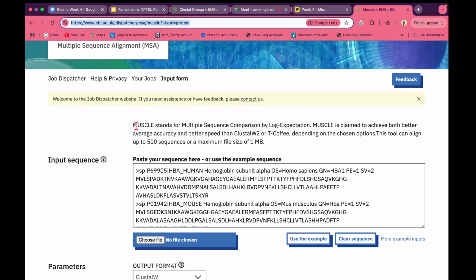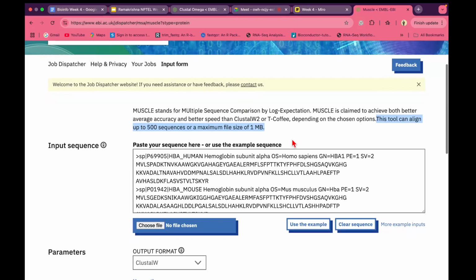The website tells us that MUSCLE stands for multiple sequence comparison by log-expectation. MUSCLE is claimed to achieve both better average accuracy and better speed than Clustal-based methods or T-Coffee, that is progressive methods, depending upon the options of output. This tool can align up to 500 sequences.